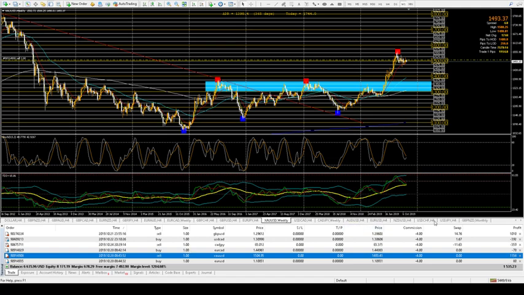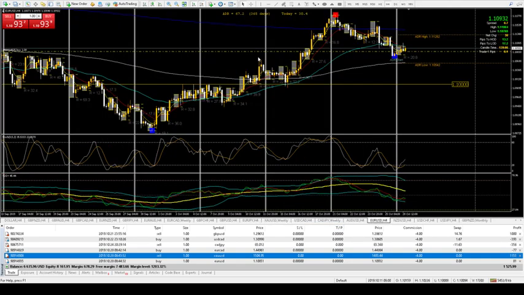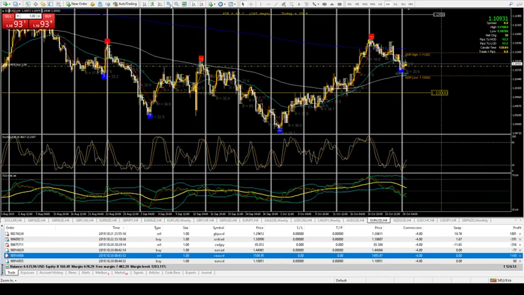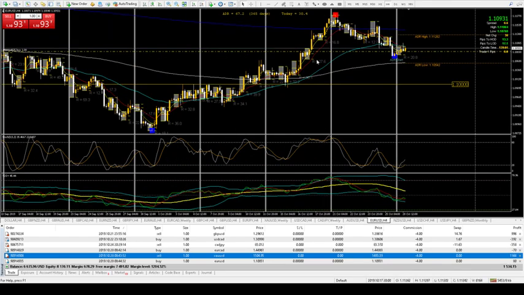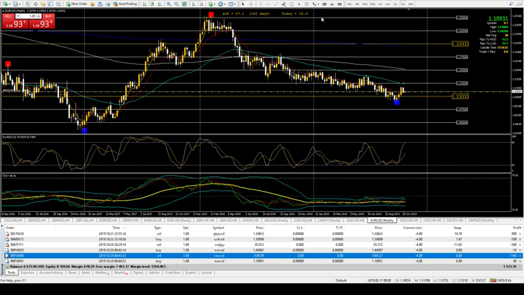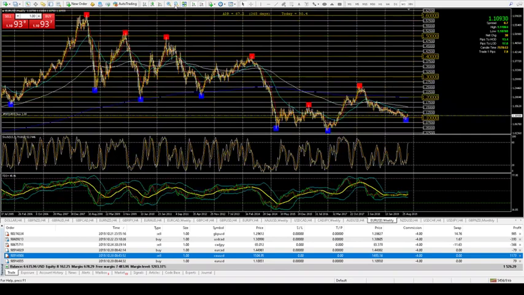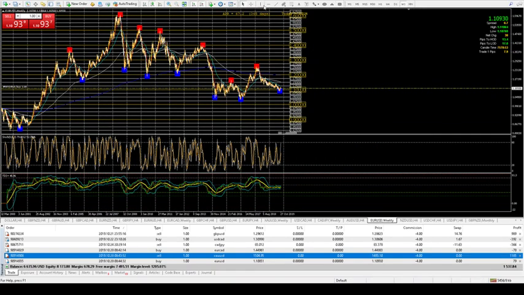The last trade I want to explain to you guys is the Euro USD, so you can get a feel of why I'm in it, and we are currently buying it. The Euro USD, take a look at it. It's still in a downtrend.